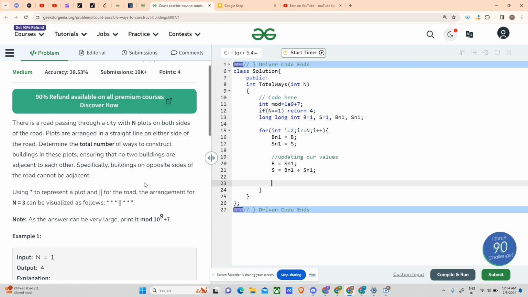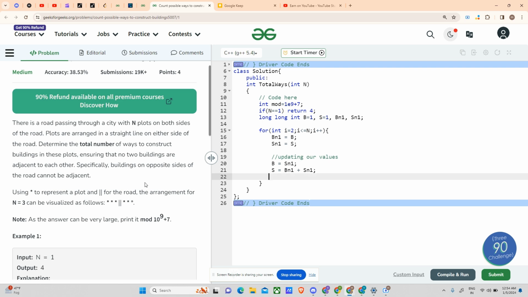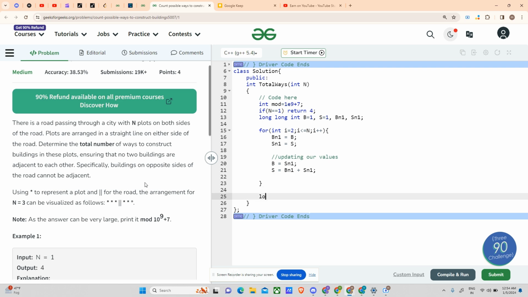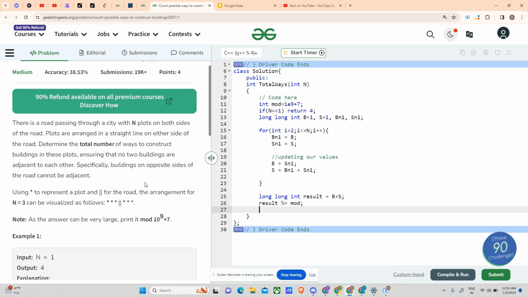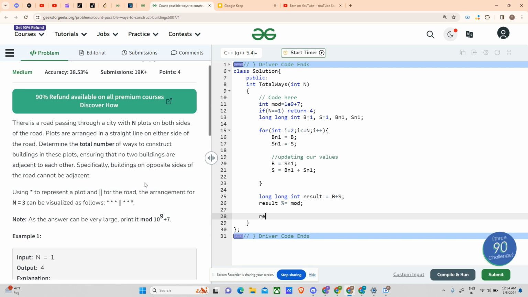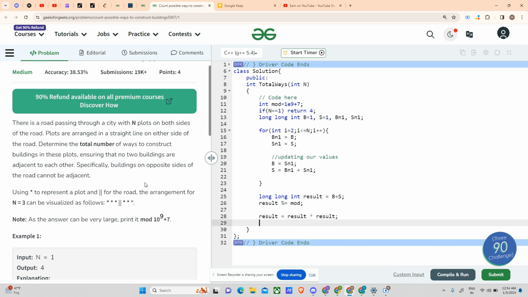Now after the loop ends, my result would be long long result equals to b plus s. I will take the mod, result mod equals to mod, and then result would become result into result, to take the number of ways we have found on the other side also.